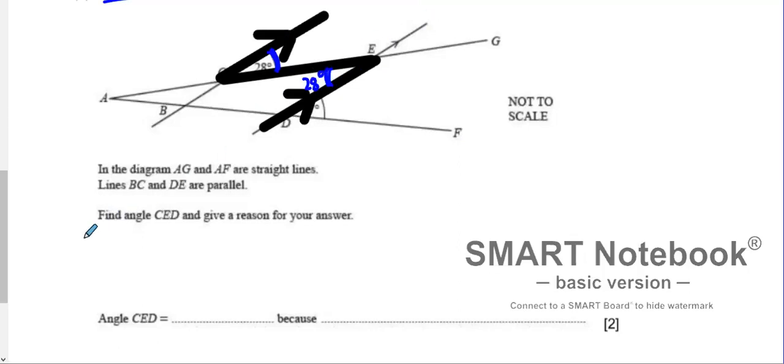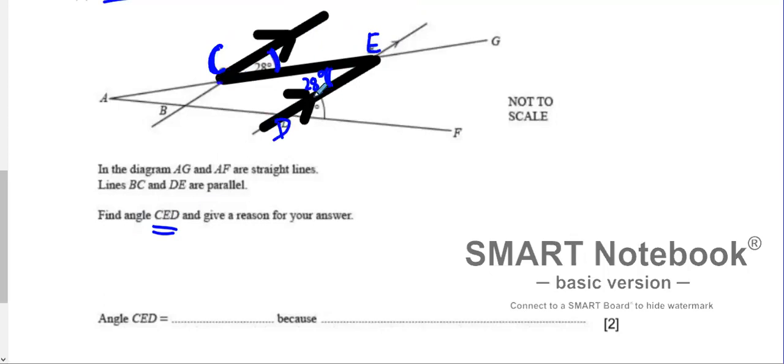So if the question is find angle CAD. C is somewhere here. This is point C, and this is E, and this is D. So find the angle CED.